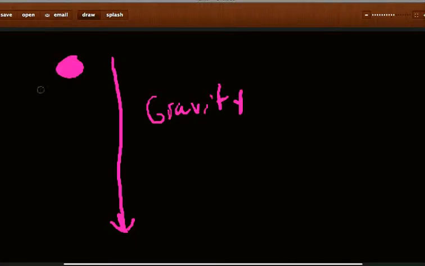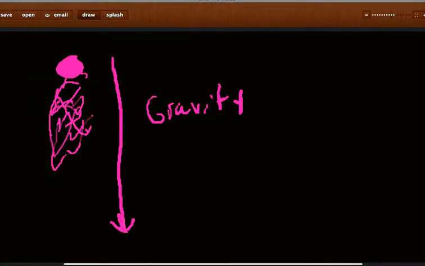Now in real life, there'll be air resistance, air molecules resisting it, and it will slow it down a little bit. But in the physics that we use, we're assuming that there's no air resistance.